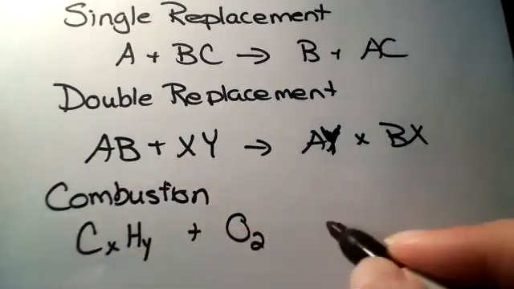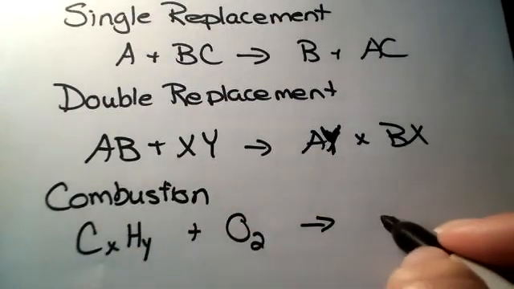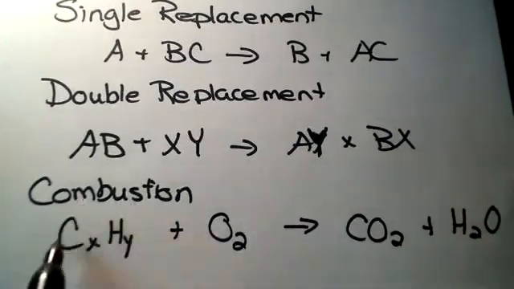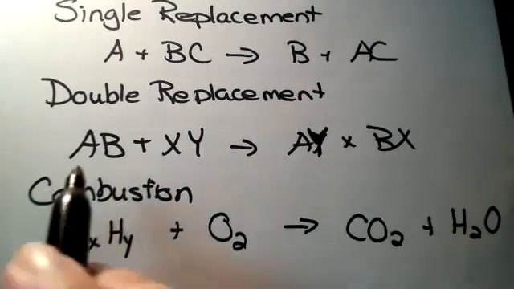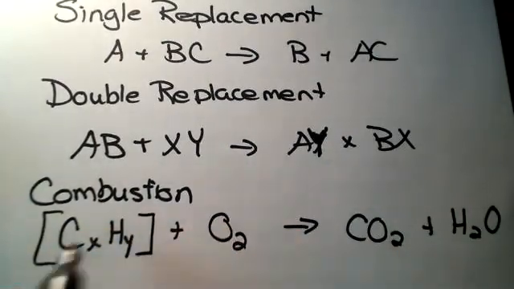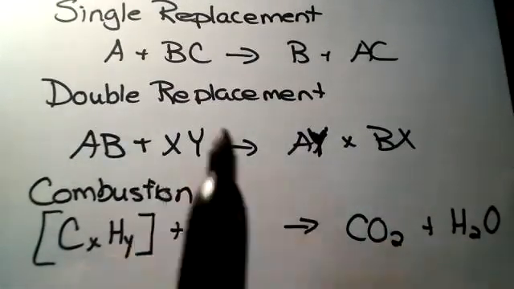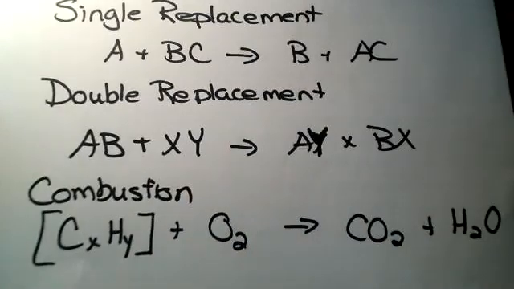So the hydrocarbon plus oxygen, and it's always going to yield carbon dioxide and water. So the only thing that typically changes in a combustion is going to be this hydrocarbon. That's going to be the only thing that would be different, but everything else will be the same format for a combustion. Okay, so those are our 5 types of reactions.